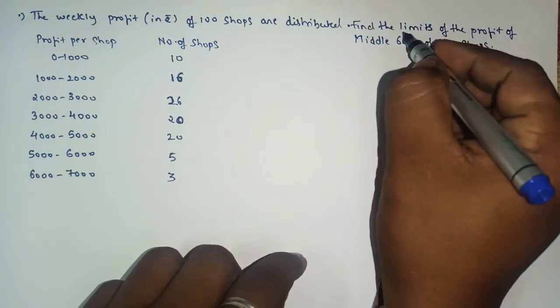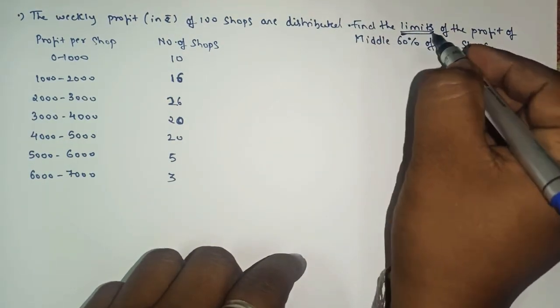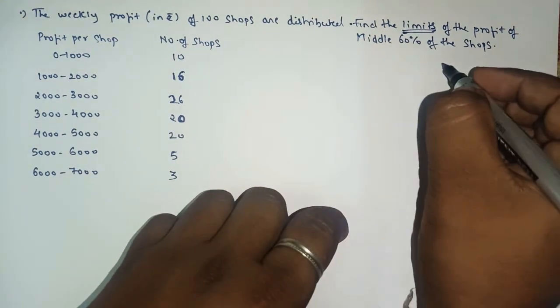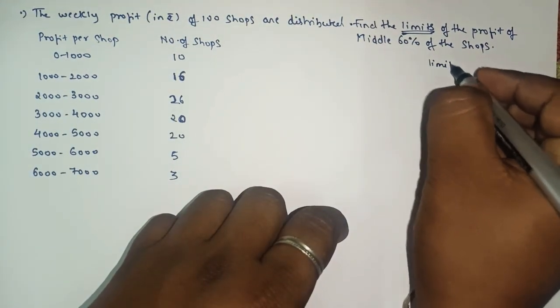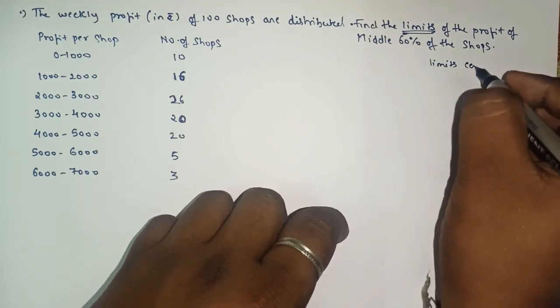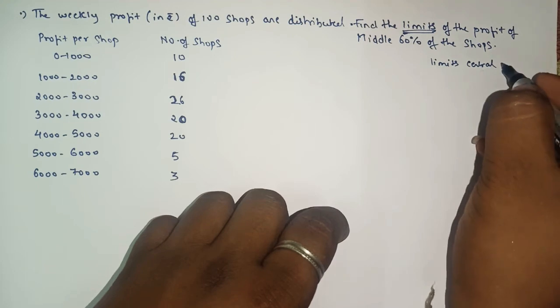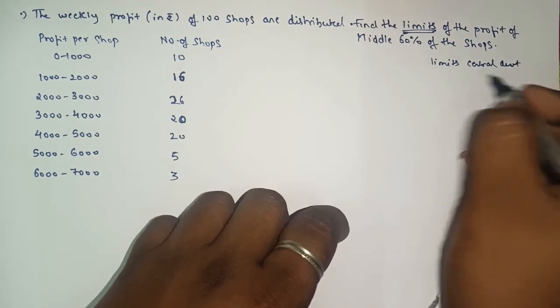Here they have used the word limit. As I explained while we were dealing with the sums based on the quartiles, there I had told the meaning of limit. What do you mean by limit? Suppose it says limit central quartile, it means what?